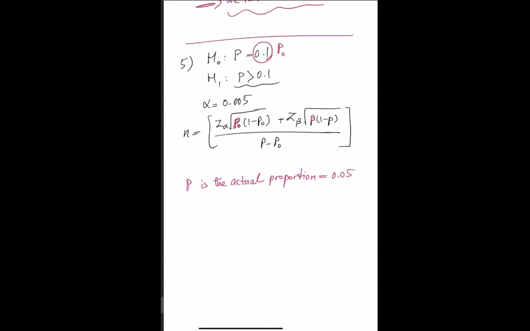It's given in the problem statement in the last line. Z of alpha is identified. If we know alpha, we can calculate Z of alpha from the table and put it in this formulation. The only other thing I need to find is Z of beta.